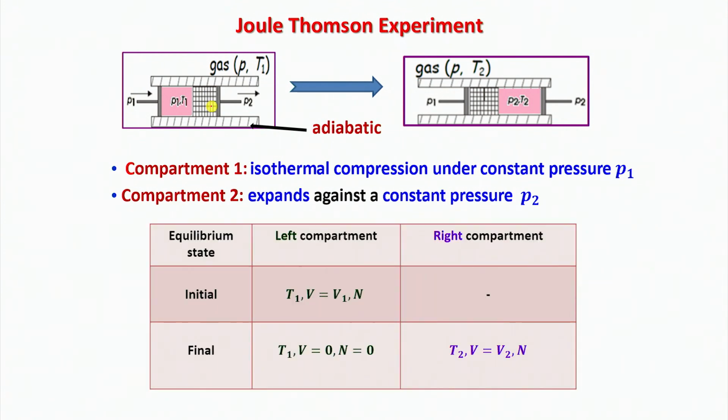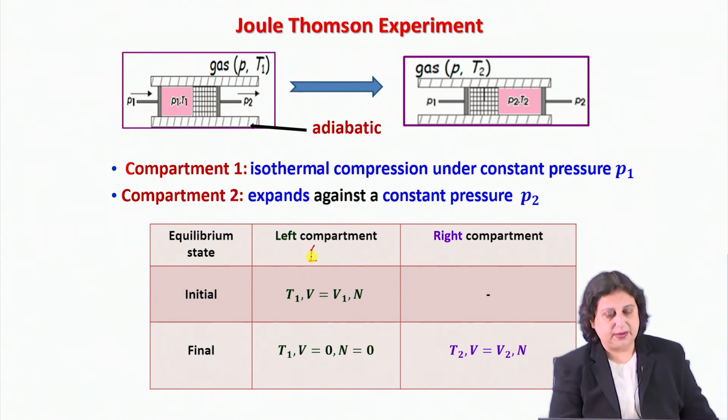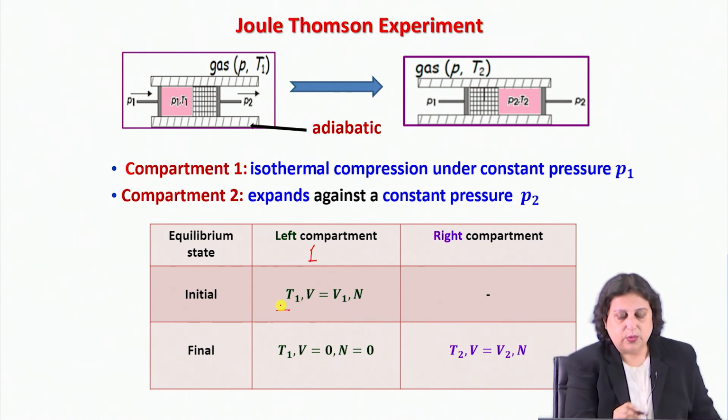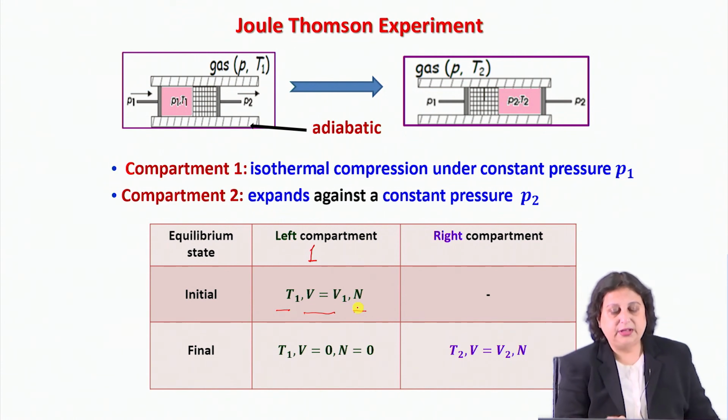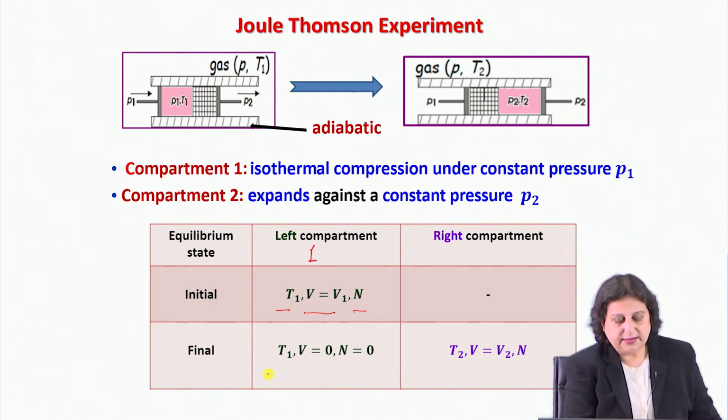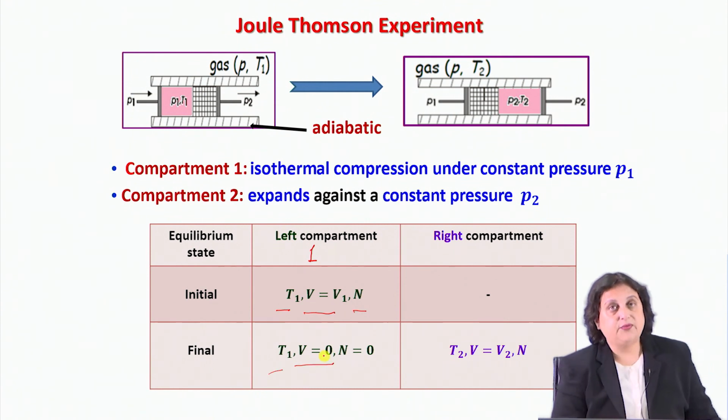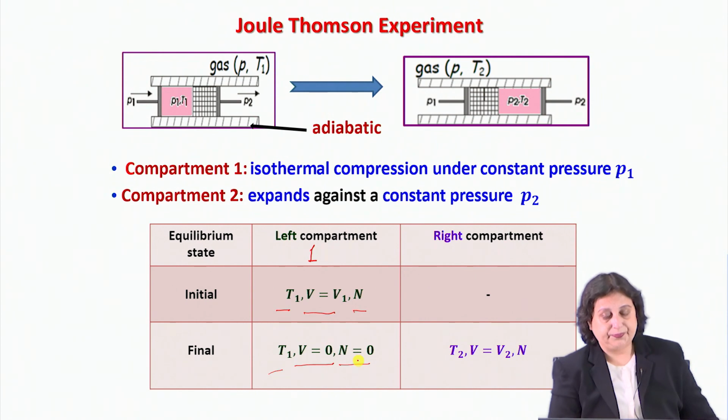Therefore, if I look at compartment 1, the compartment left of the porous plug, the initial state is characterized by T1, the volume of the gas V1 and n number of particles. And if I look at what has happened to the left compartment, I find that finally the volume is equal to 0 and n is also equal to 0.